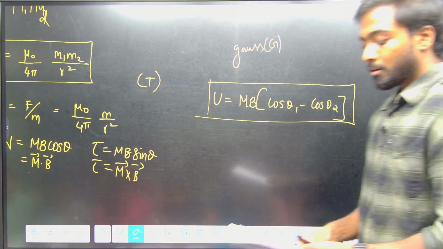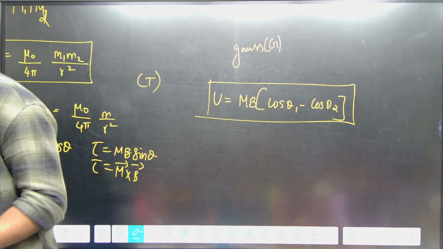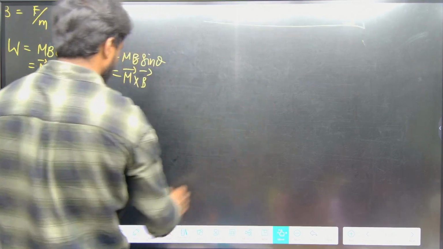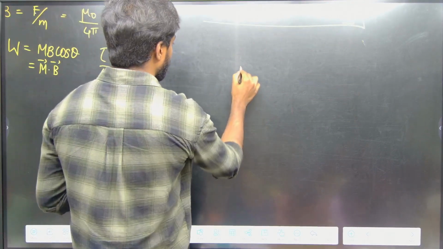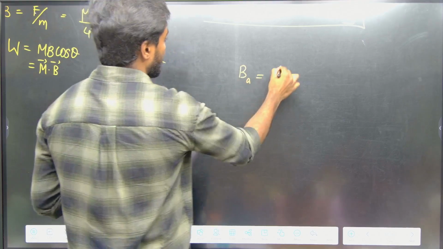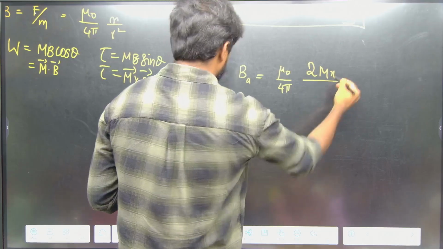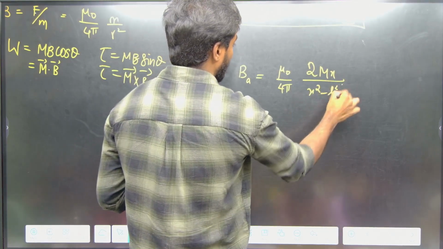Next, magnetic field at a point on the axial line of a dipole. So B is equal to mu naught by 4 pi times 2 m x by (x square minus L square) power 2.